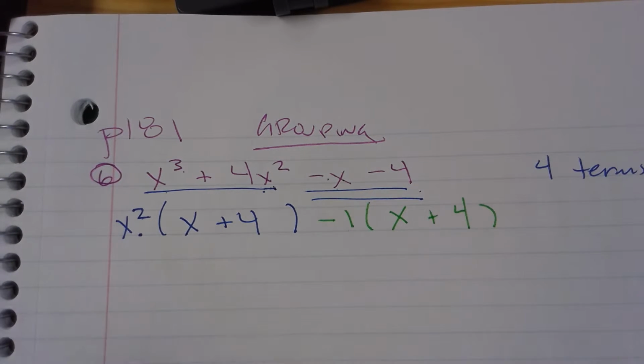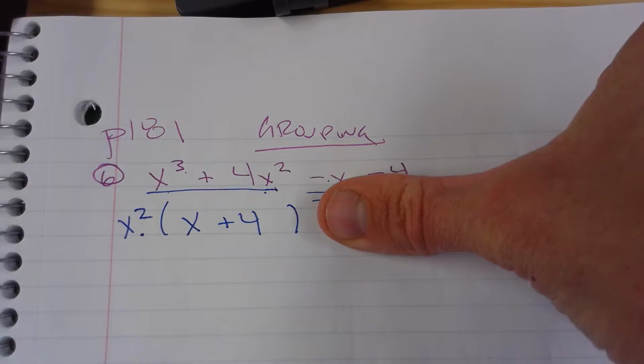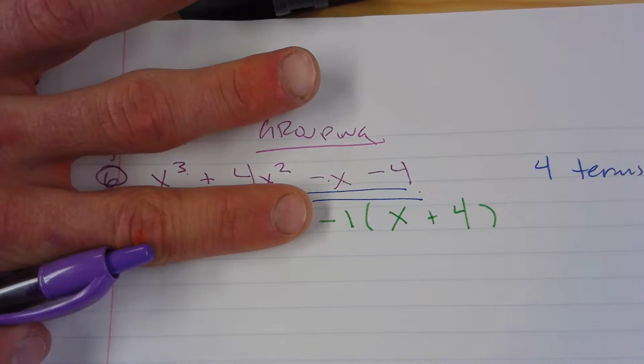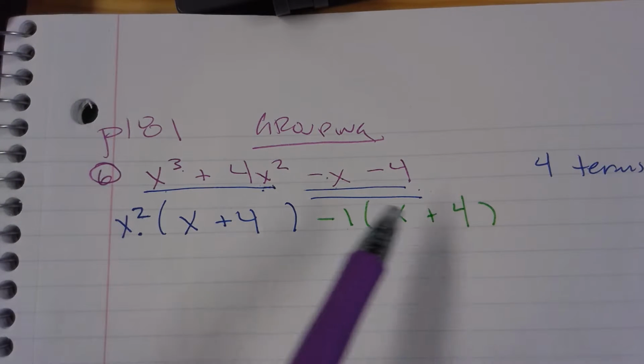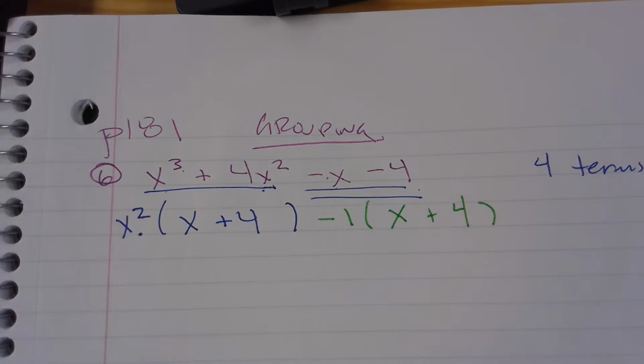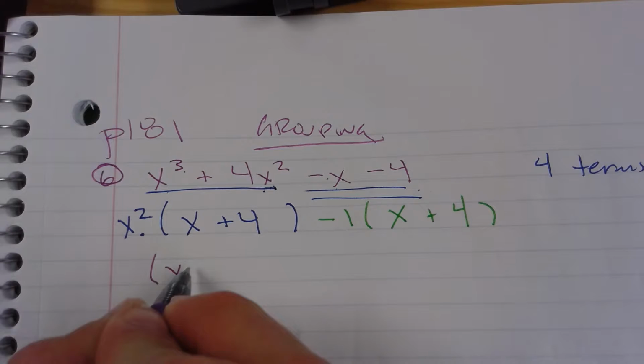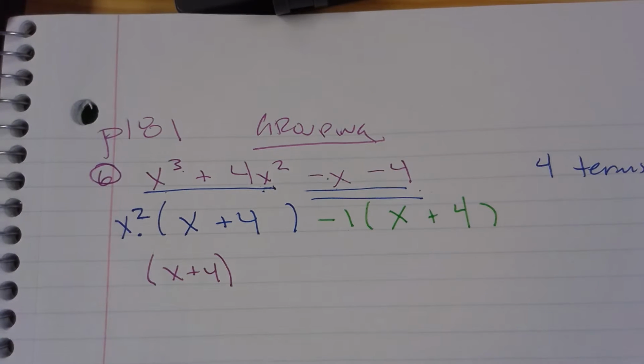But this is one term right here in blue. X squared times the quantity x plus 4 is one thing. I know it looks confusing, but it's one thing. And then finally in green over here is another thing. So what do these 2 things have in common? They both have parentheses x plus 4.